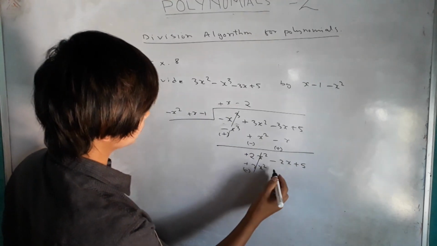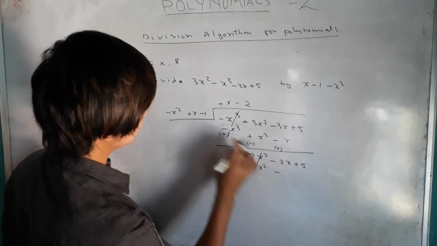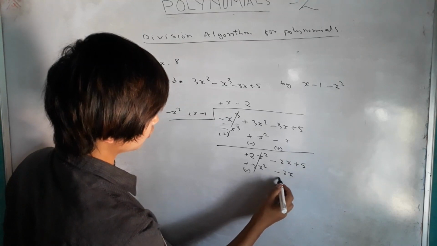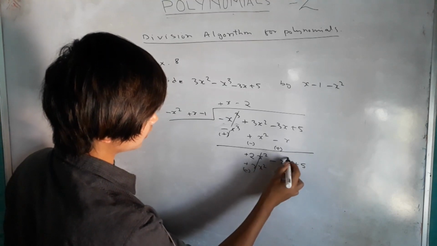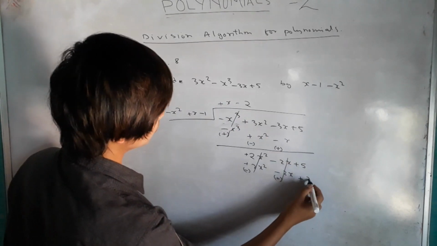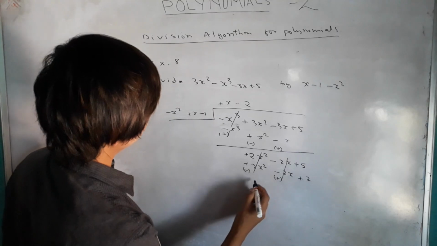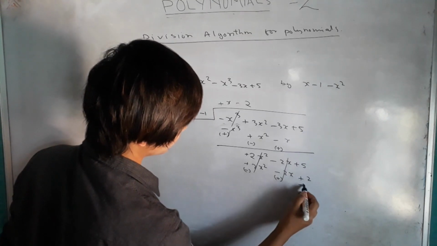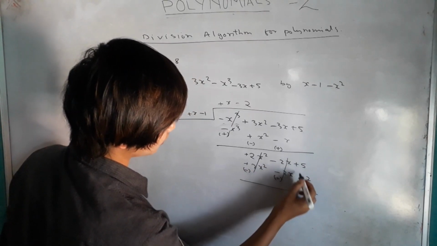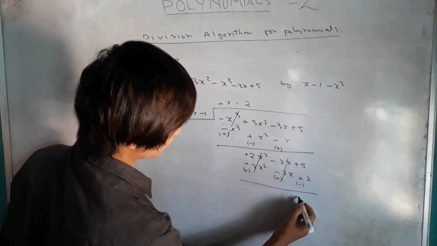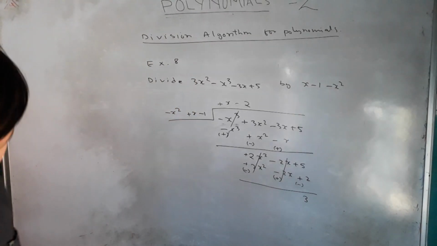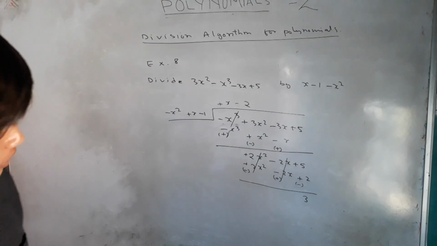Plus into minus, minus 2 into x, 2x, it will be positive. Minus into plus, it will cancel out. Minus into minus, plus 1 into 2, 2, and here will be the negative sign. These two cancel out, so minus into plus into minus, it will be minus 3. The remainder will be 3. So what is the question saying? And verify the division algorithm.